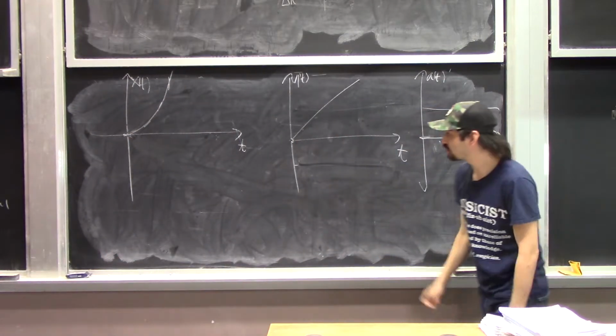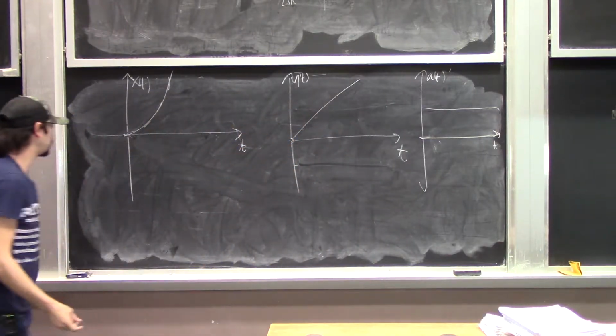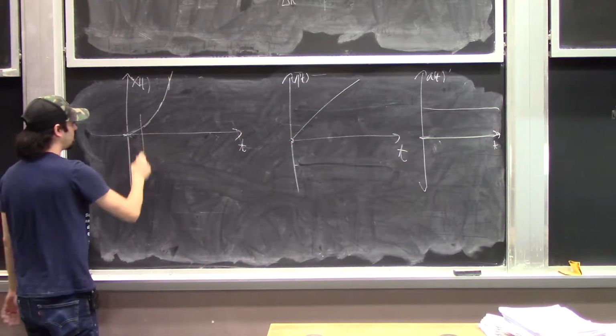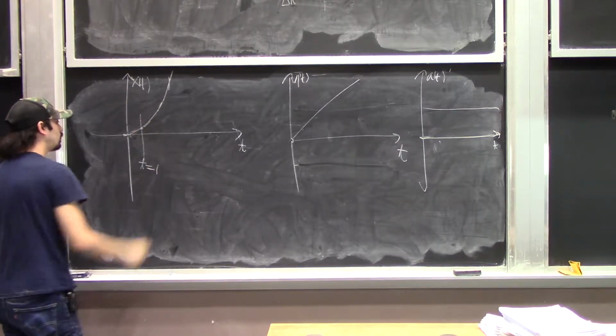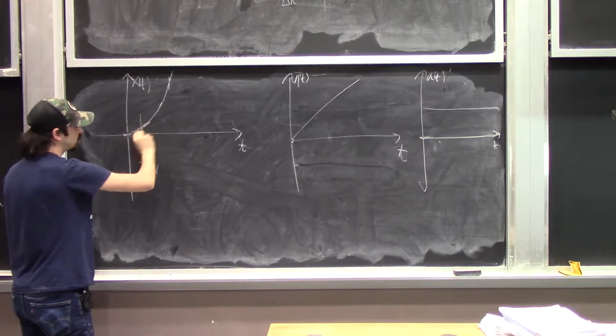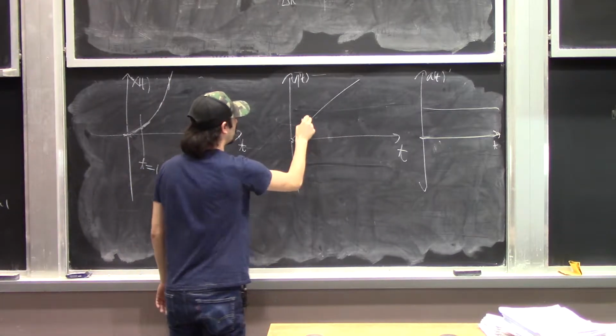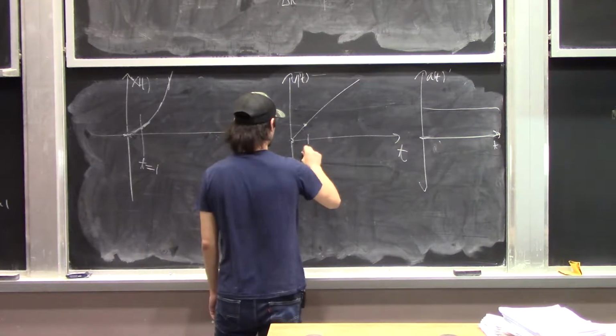Okay? So now that we drew this, we can look at it and ask, does it correspond with our expectations? If I look at this point right here, let's say this is some time t equal to 1. This has some slope like this, and that slope corresponds to the value of the velocity at the same time. So this is time t equal to 1.